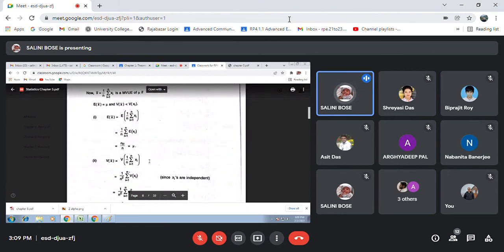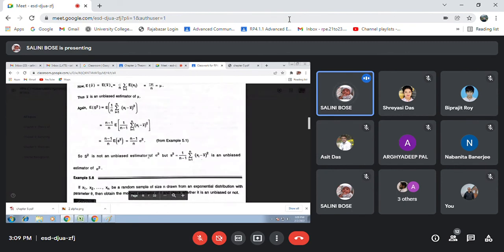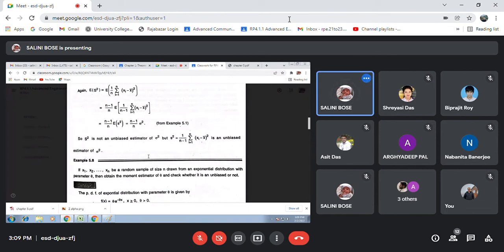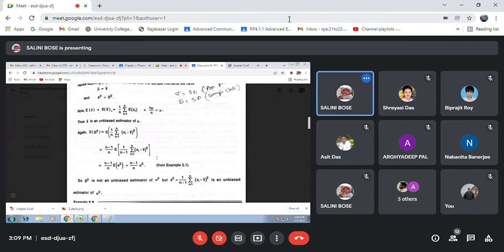এখানেই আগে প্রুফ করা হয়েছে যে স্মল স্কয়ার ইজ দ্য আনবায়াসড এস্টিমেটর অফ সিগমা স্কয়ার। ক্লিয়ার হচ্ছে? দেখো বুঝতে পারলে কিনা। না বুঝতে পারলে বলো, আমি আবার রিভিশন করে দেবো। বুঝতে পেরেছো?